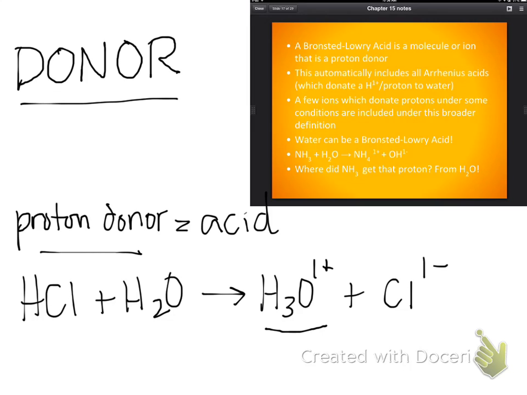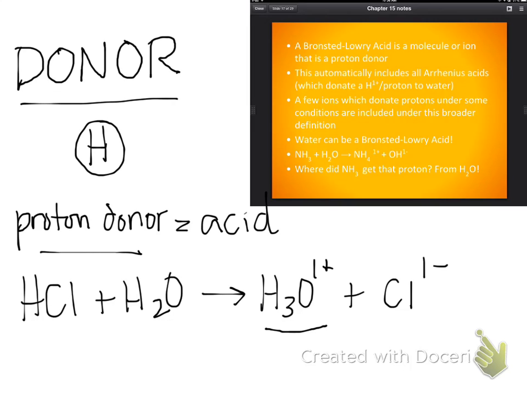Because remember, a hydrogen ion is nothing but what? A naked proton. It's just a single little naked proton. So we call anything that donates a hydrogen ion a proton donor. That's the new definition that we're working with.